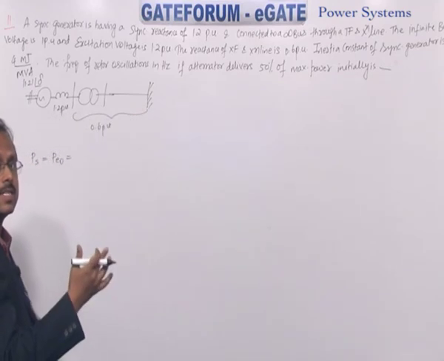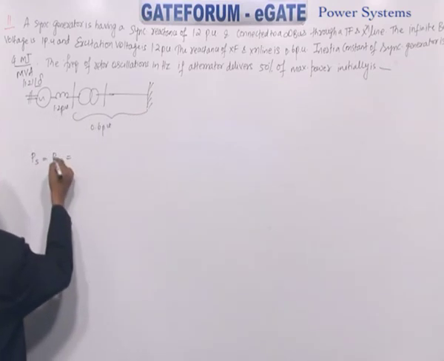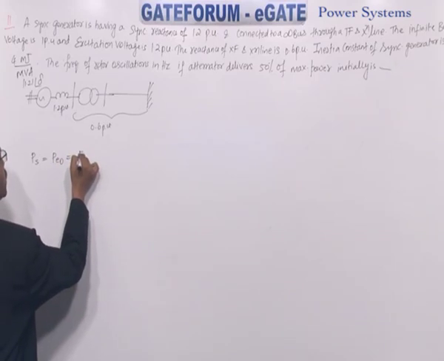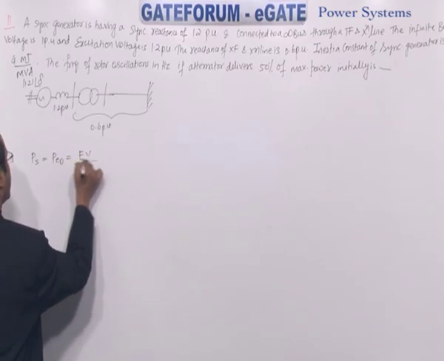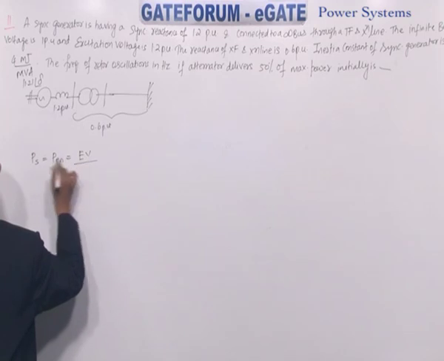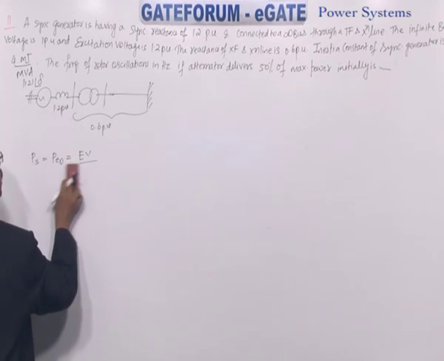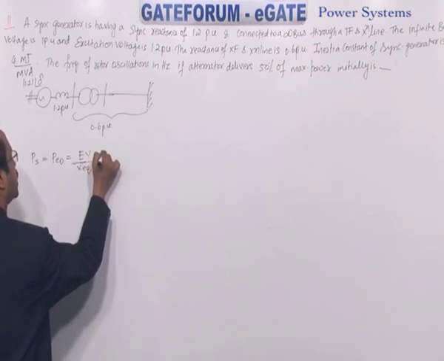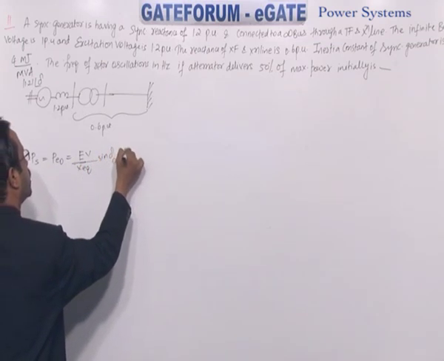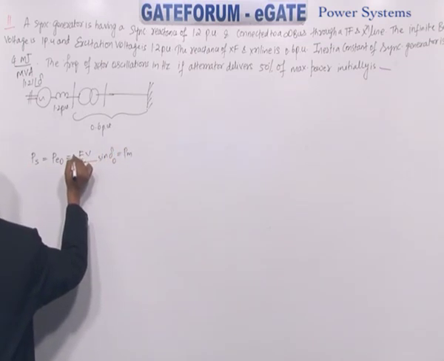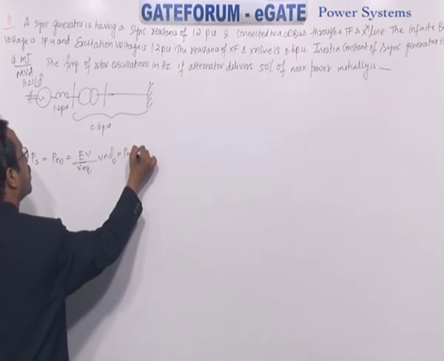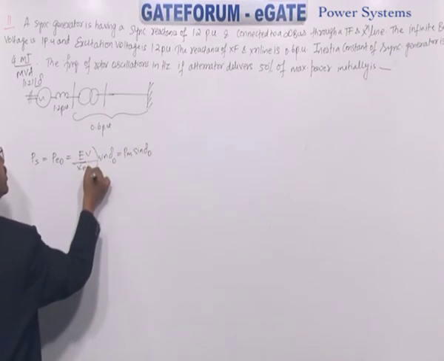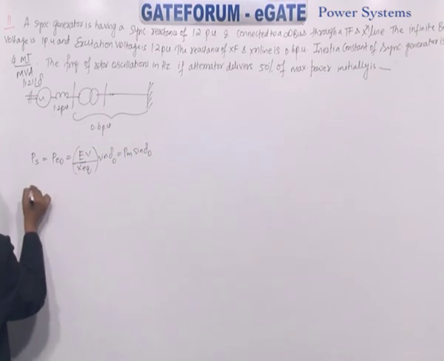So before increase in the load demand, PS is PE naught. We write it as EV by X equivalent sine delta naught, or you write PM sine delta naught. EV by X equivalent is PM.